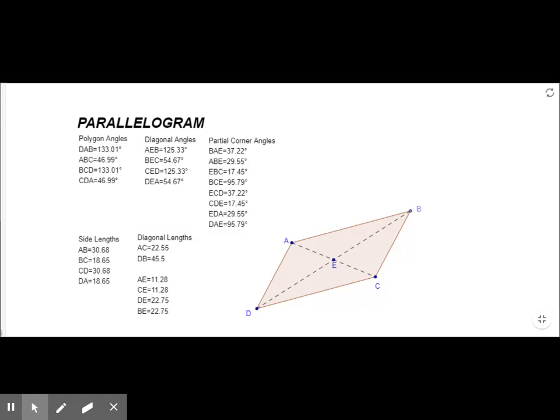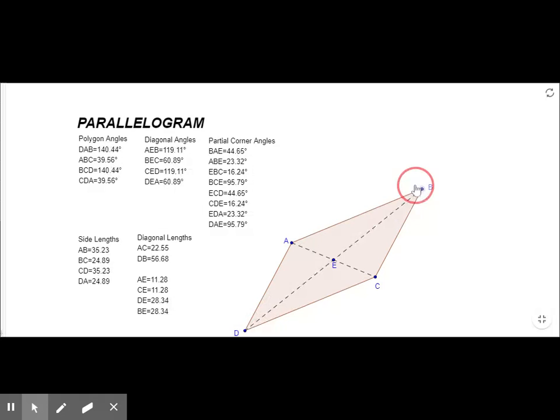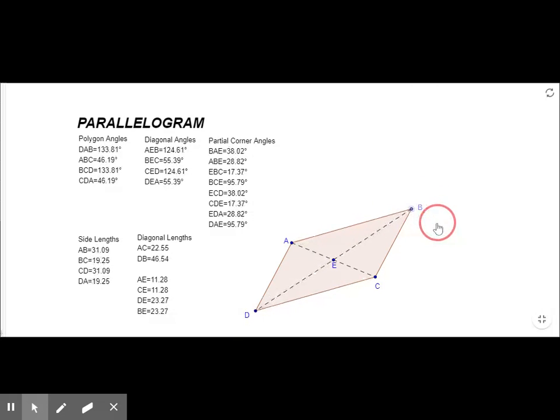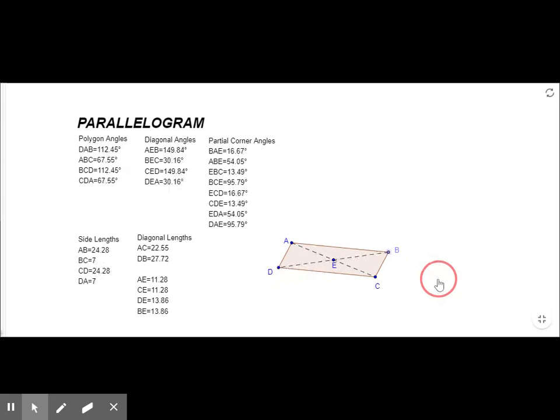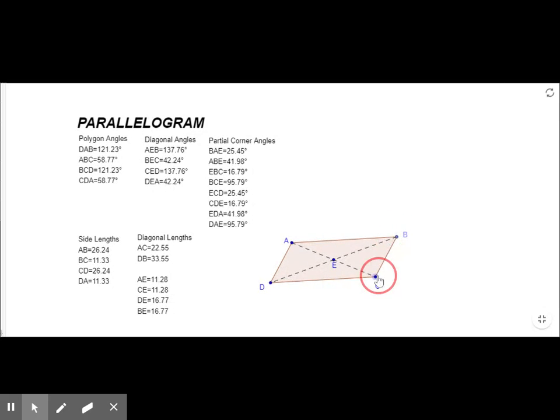If you grab a corner here, you're able to move your picture around. Notice when you move it around, it changes all the values. Is it ever possible for me to get to 90 degrees? You think I could rearrange it to make it 90 degrees anywhere? Let's see. And you can try it on yours as well.